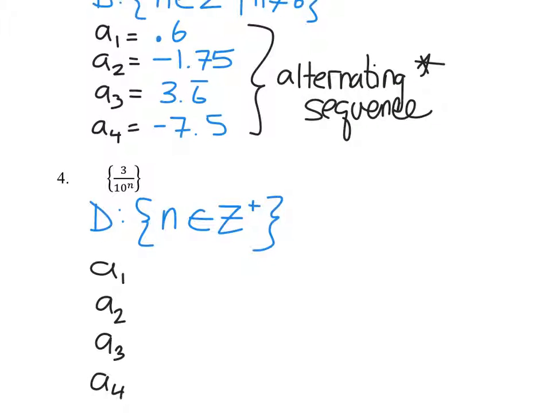This is not a situation where I would consider going to a calculator, because the only thing that varies is the exponent of the denominator. So I would just write 3 over 10, 3 over 100, 3 over 10 squared, 3 over 1,000, 3 over 10,000.